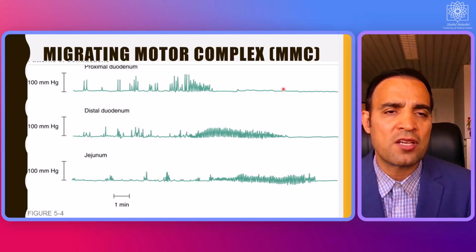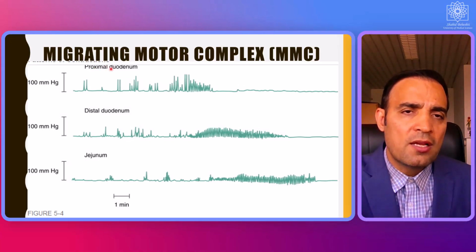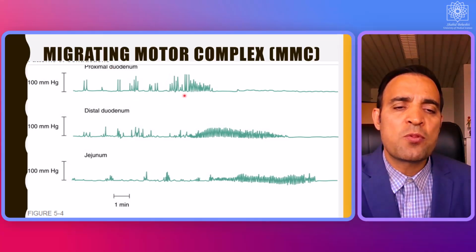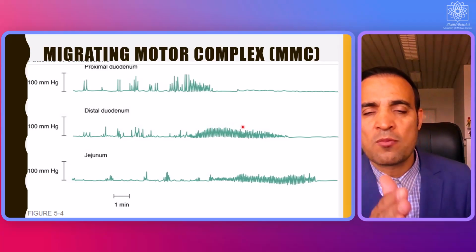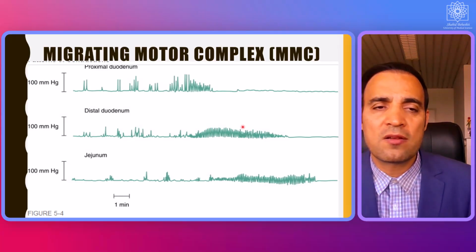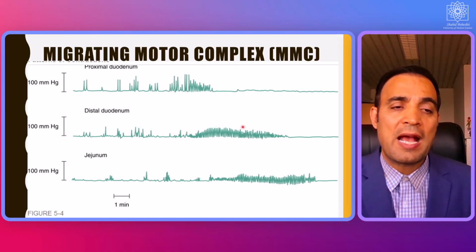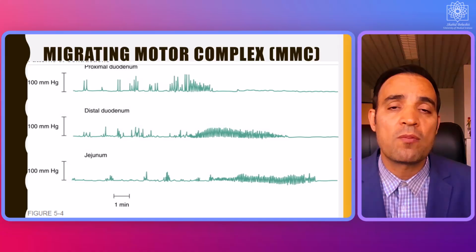This is another figure. For example, you see this is proximal duodenum. Contraction force is increased at this point, and then after some minutes, this contraction force moves forward to a more distal part, in the distal duodenum, and then in the jejunum, and then to the ileum.